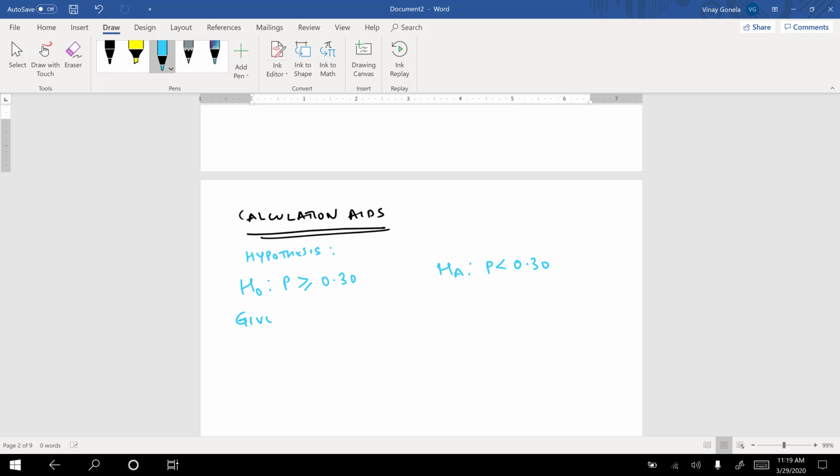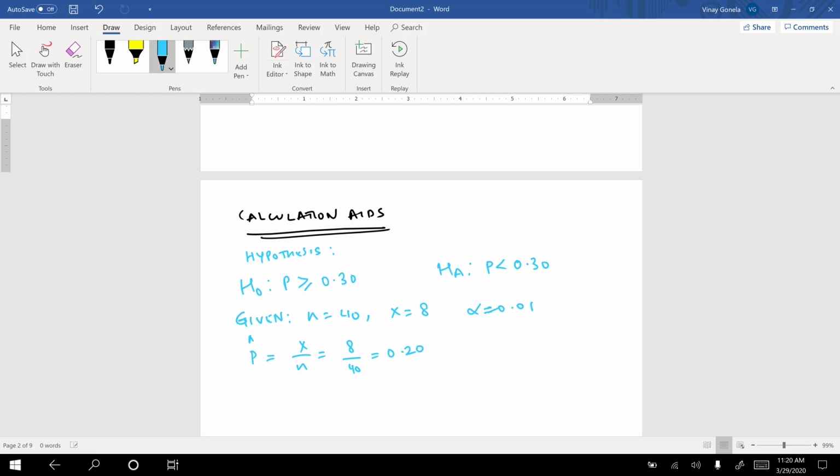This will be the given data: n is equal to 40, x is equal to 8, alpha is 0.01. Sometimes in our calculation aids, we have to calculate the p hat, which is the sample proportion, x over n. So this will be 8 over 40, which is 0.20.